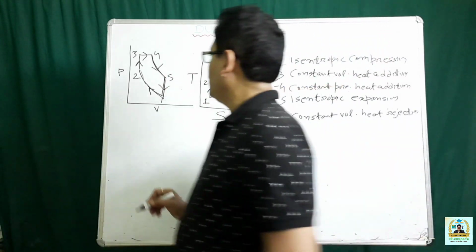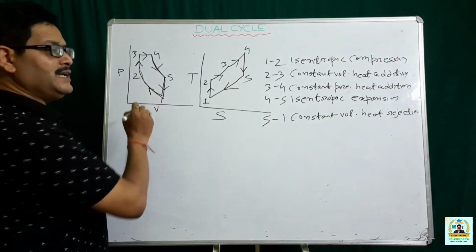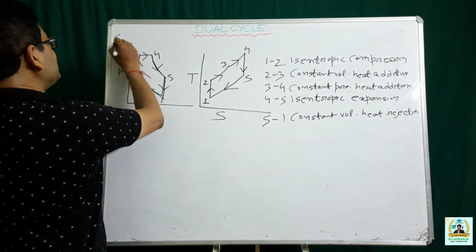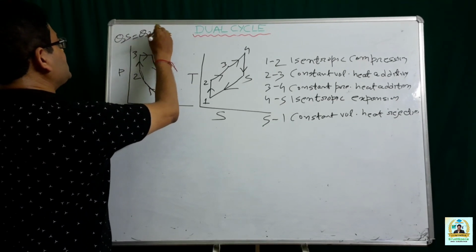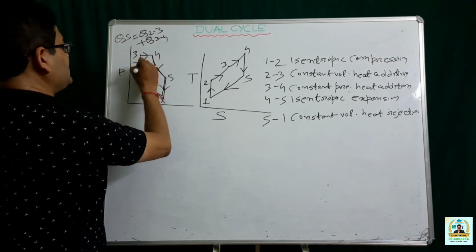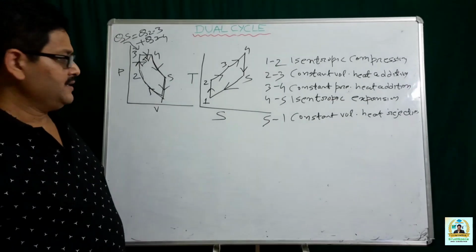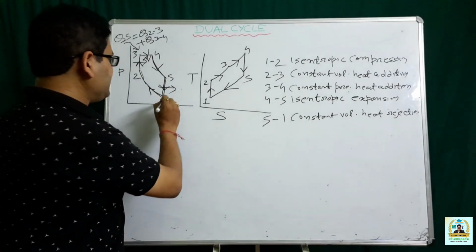So here, if you consider the heat supplied to be QS, QS is actually the summation of Q23 plus Q34. So this is your QS. Then this represents your heat rejection.